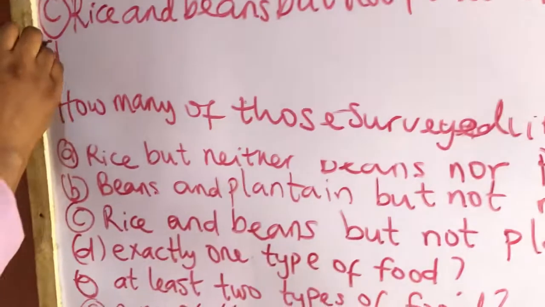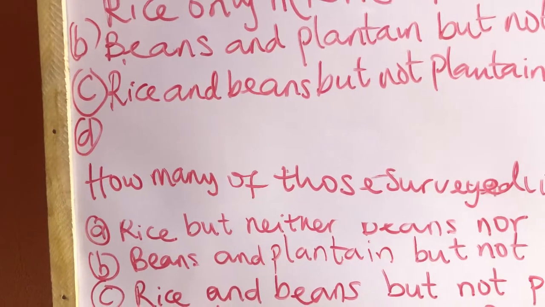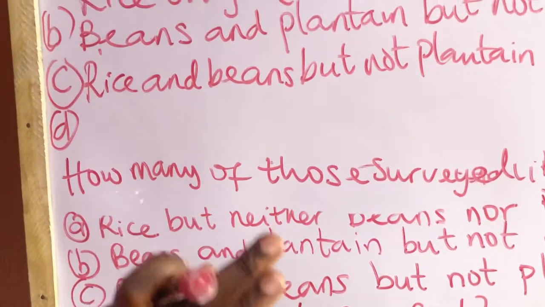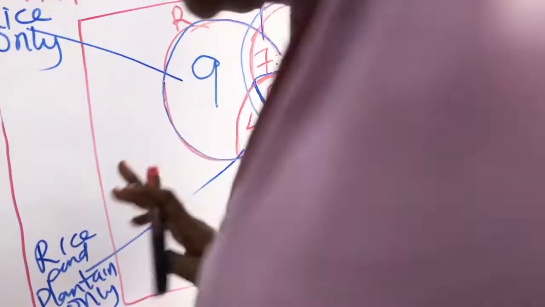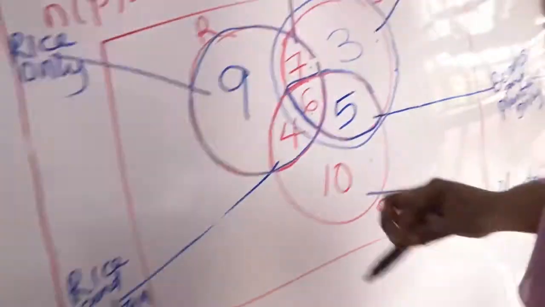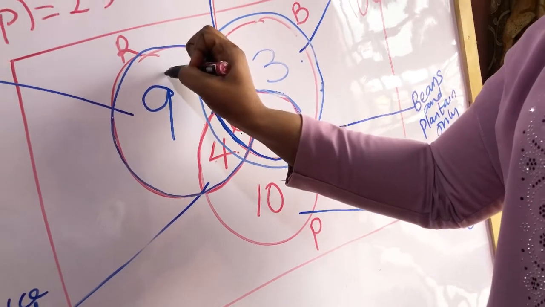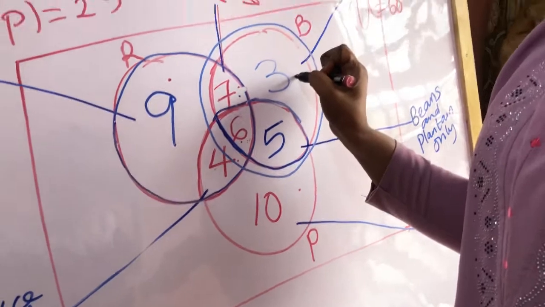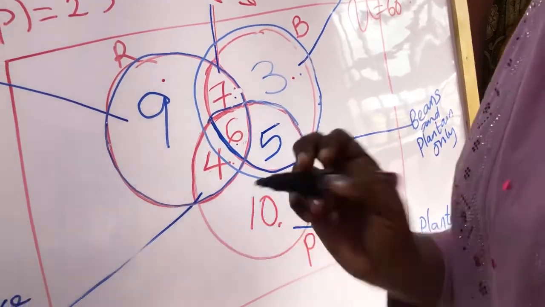D, exactly one type of food. Exactly means not less, not more. So exactly one type of food will be those that liked rice only, plus those that liked beans only, plus those that liked plantain only.